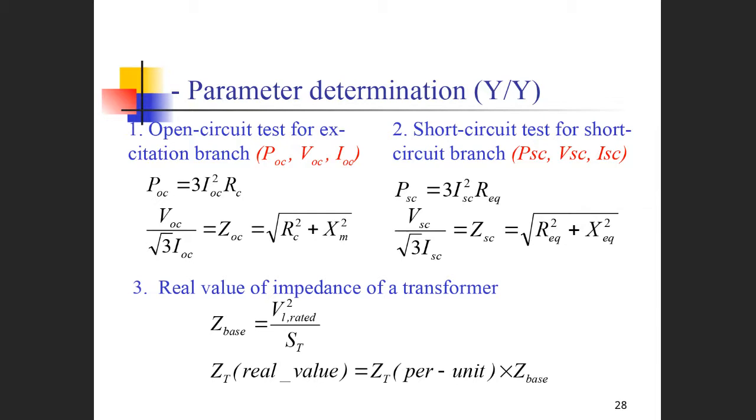First, when we're doing the open circuit test and short circuit test, what we can measure is the input line voltage, input line current, and the total three-phase power outside the transformers.